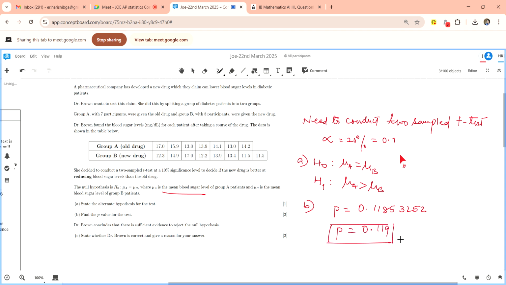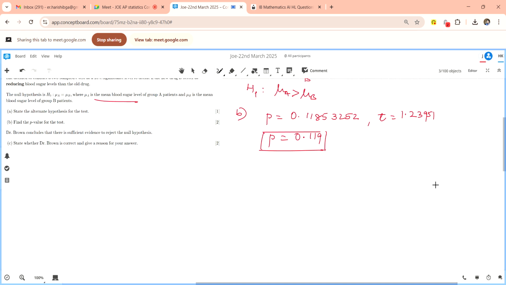If I need to show other values like the t value, it is 1.239516.